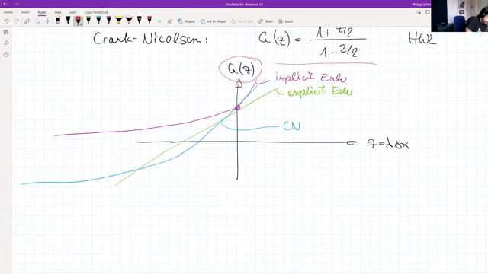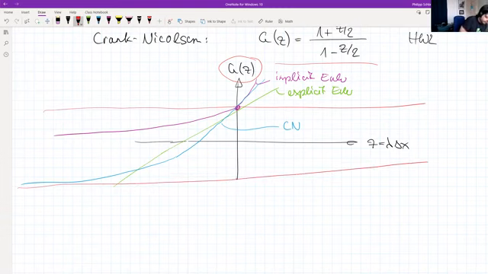And of course, the limit is to be at +1 and at -1. So this is at +1 and this is at -1.